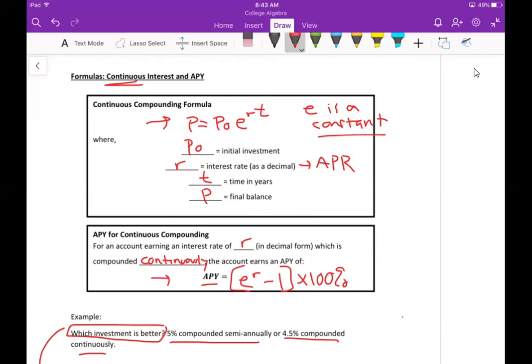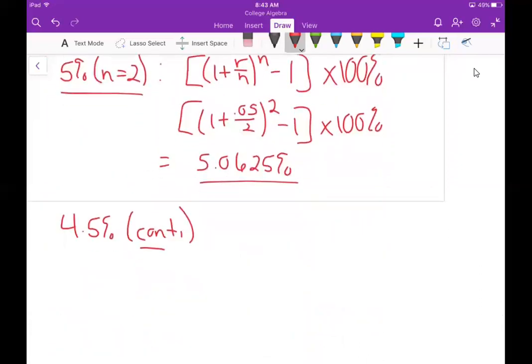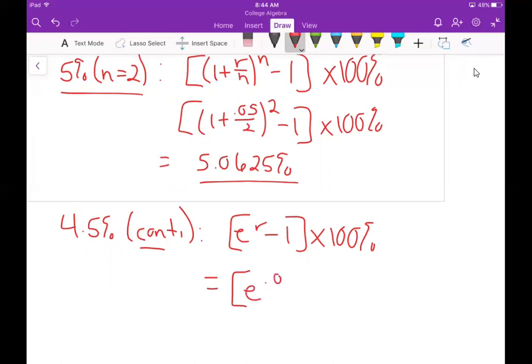Okay, so I need my APY formula for compounding continuously. That is, start with a parenthesis, e to the r, minus 1, times 100%. Easier to plug in. Find that e in your calculator. Parenthesis, take e to the 0.045, that interest rate, minus 1, times 100%.